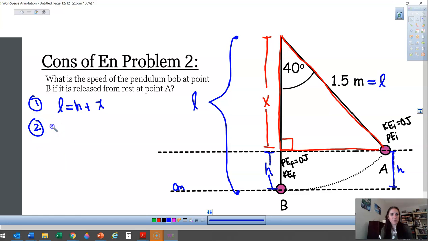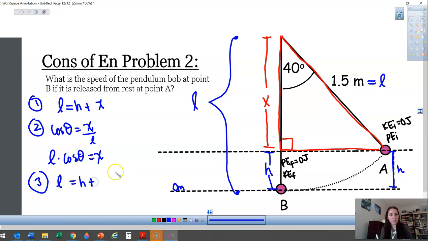So cosine of my angle is equal to the adjacent over hypotenuse, so x over L. But I want x, so essentially L times cosine of the angle equals x. So now I'm going to put x into here. L is equal to h plus my x, L cosine of the angle.